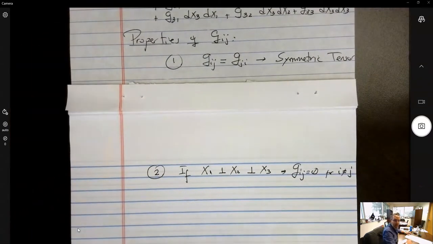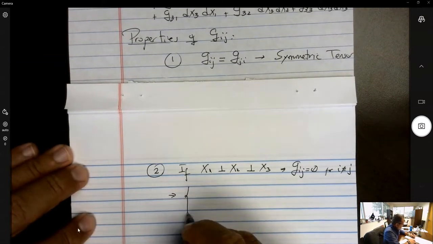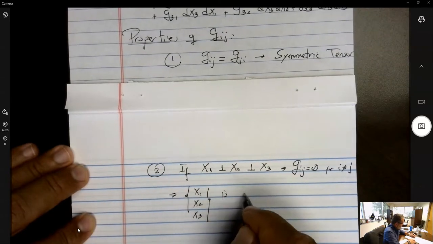So the off-diagonal components of this tensor are equal to 0. And that means that the system x1, x2, and x3 is orthogonal.